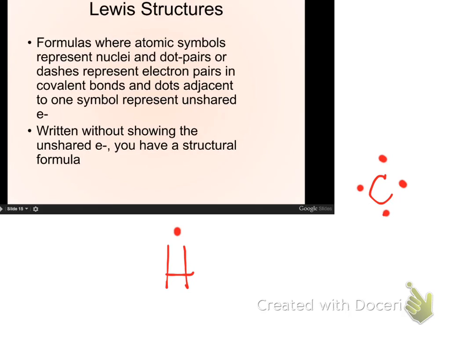Well, hydrogen comes along, and it shares one of those with carbon. So now at this point, that hydrogen feels like it has both of those electrons, and that carbon feels like it has both of those electrons.